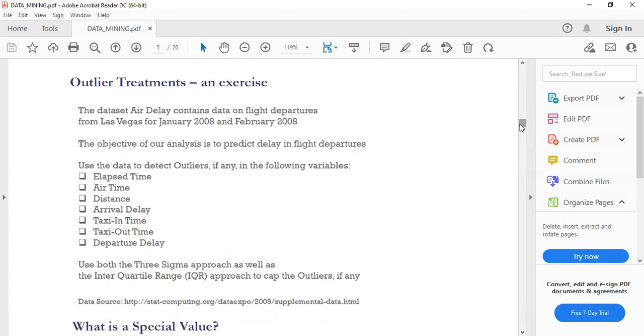The data set air delay contains data on flight departures from Las Vegas for January 2008 and February 2008. The objective of our analysis is to predict delay in flight departures. Use the data to detect outliers, if any, in the following variables: elapsed time, air time, distance, arrival delay, taxi in time, taxi out time, departure delay.